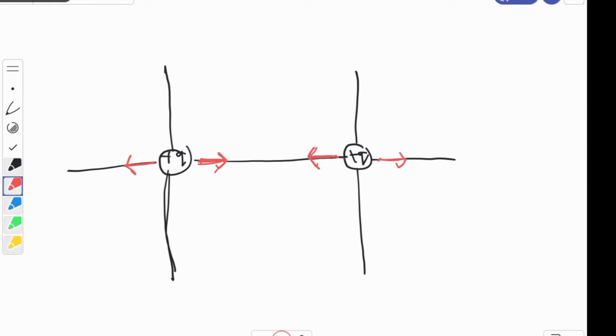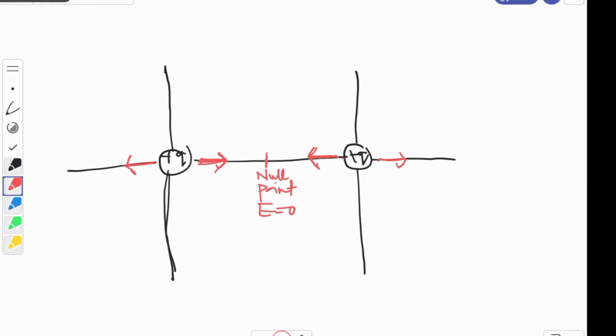That means somewhere in the middle you will get a null point. You will get a null point where your electric field will be 0, because both the electric fields will cancel out as they are equal in magnitude and opposite in direction. So at this point your electric field will be 0.